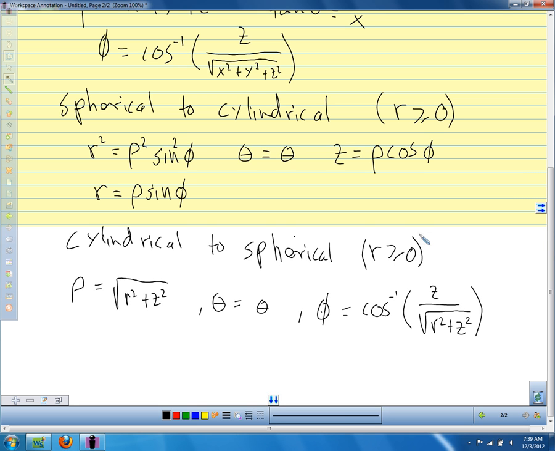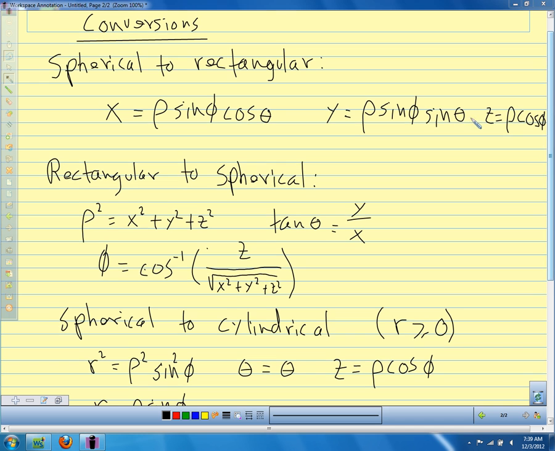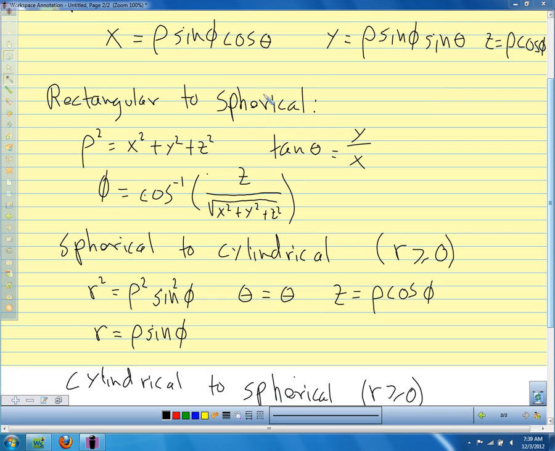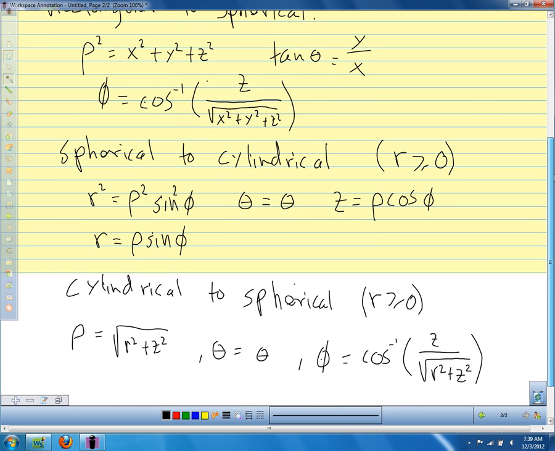The way I usually think of the conversions, you probably know by now, I'm not big on memorizing formulas. I tend to remember the rectangular to spherical and spherical to rectangular, and then use what I know about those to go to cylindrical. That's just the way I go about it.